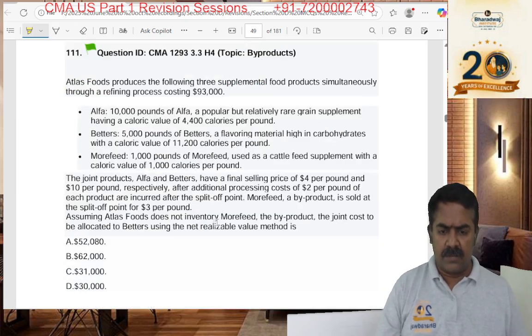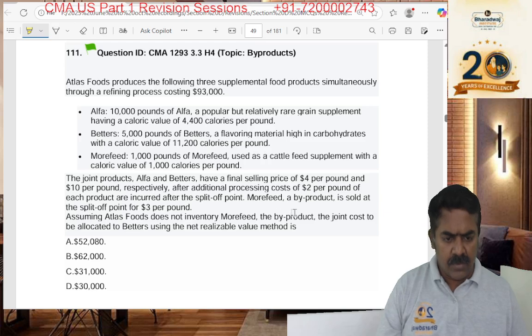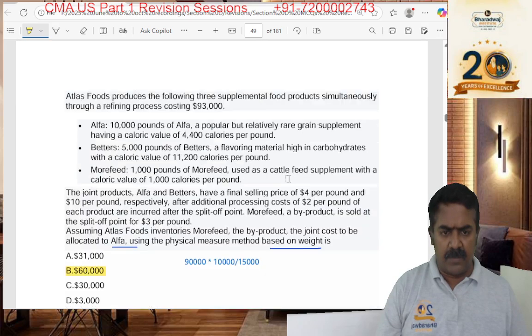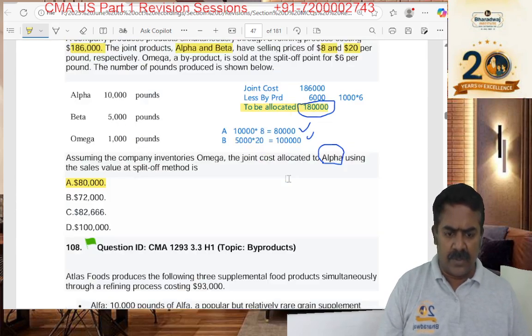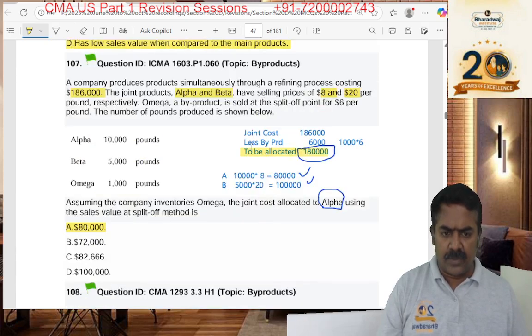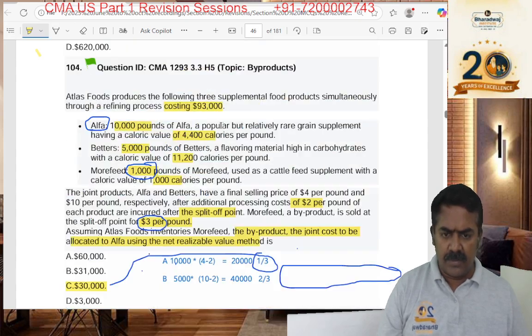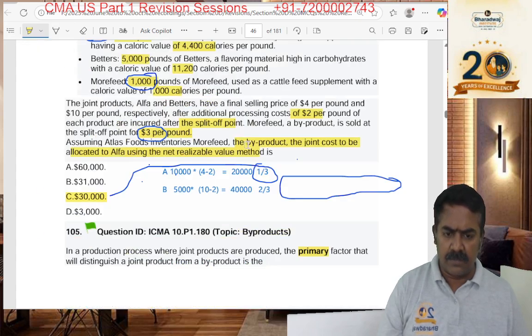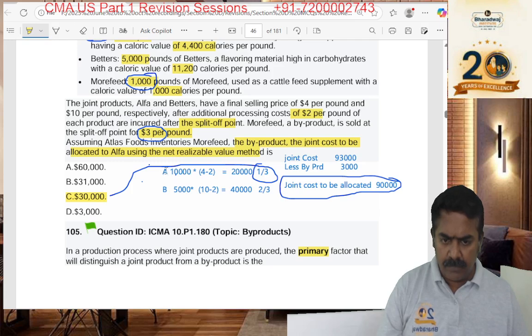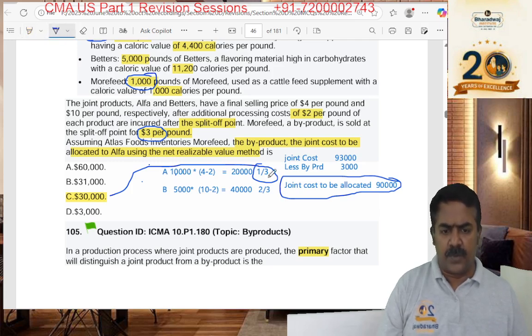Same question, using the NRV method. Already we have done this for alpha. For alpha it is 1/3, for beta it is 2/3.